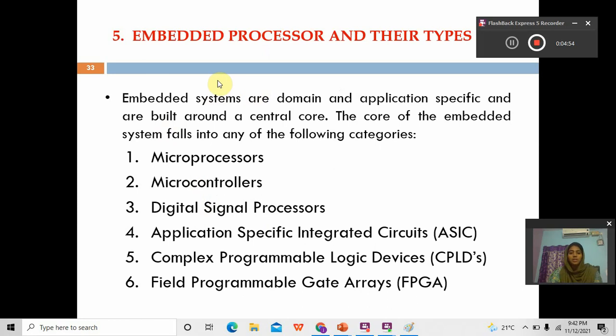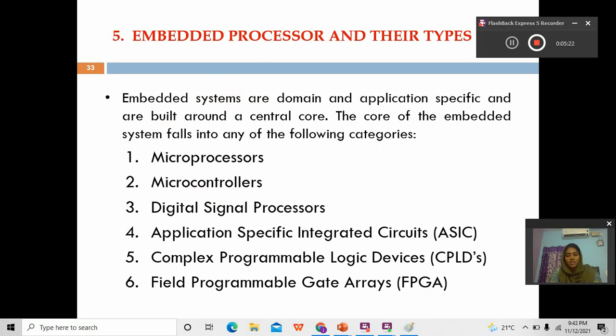Next, embedded processors and their types. Whatever core we are using, the core is nothing but the processor. A processor can do three functions: fetching, decoding and executing. We have already discussed this in the classifications of embedded systems. We have three types of classifications. The first one is based on generations.